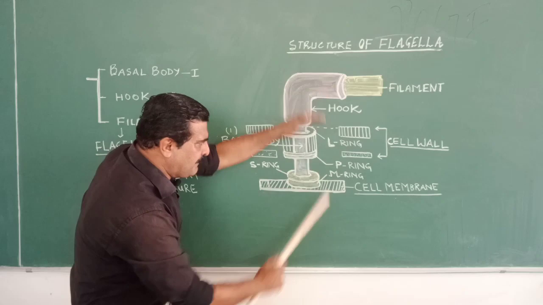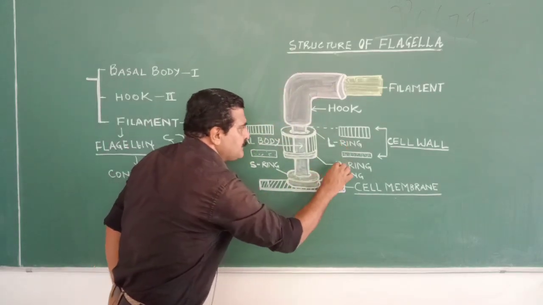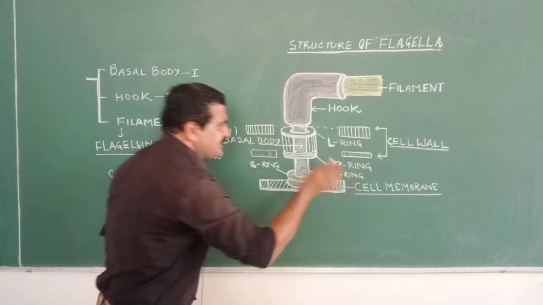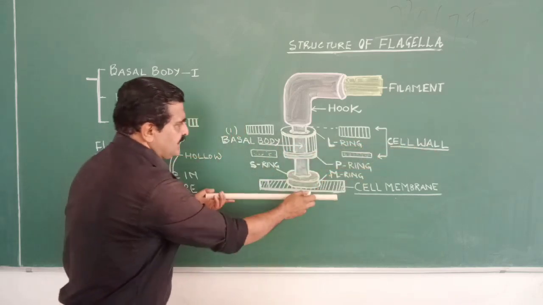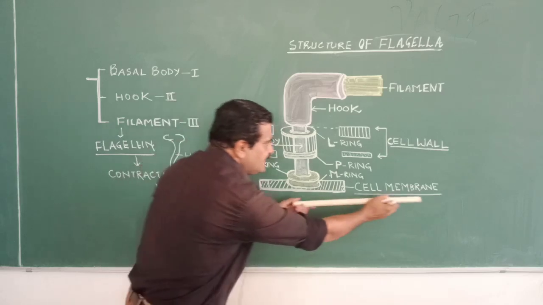In case of gram negative bacteria, all 4 rings, L, P, S and M, are present. The outer rings lie in the cell wall, and the inner rings, S and M, lie in the cell membrane.